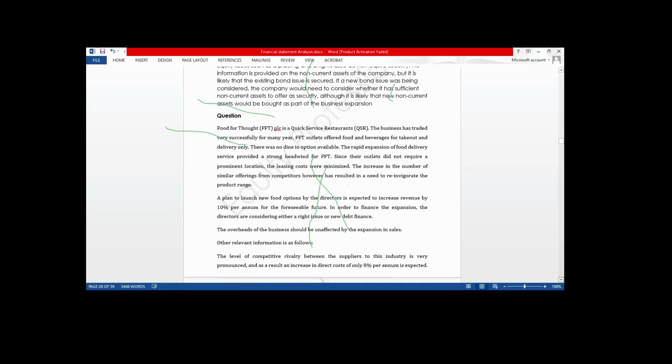To finance this expansion, the directors are looking at a rights issue or new debt finance. Next, the overhead of the business should not be affected by the expansion in sales. Next, other relevant information is as follows.